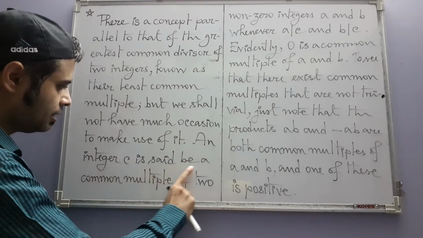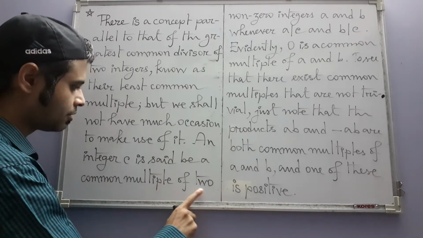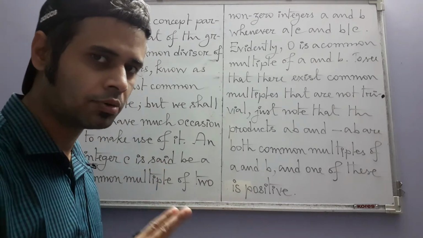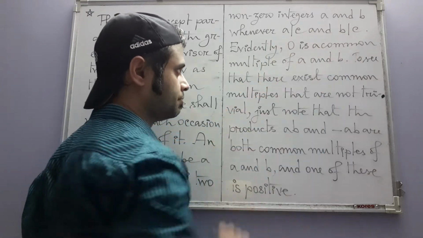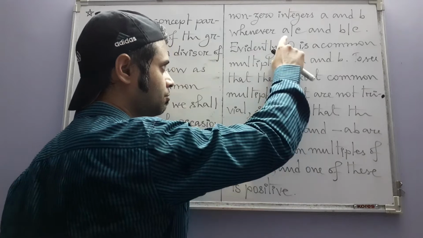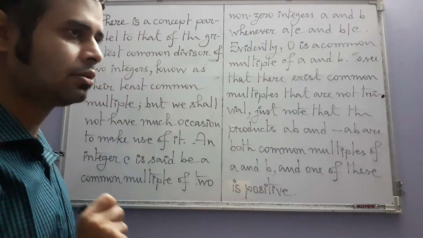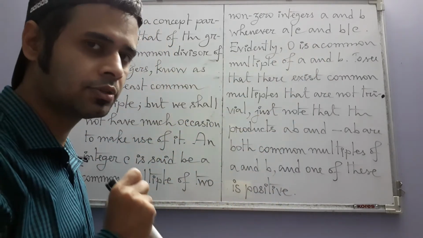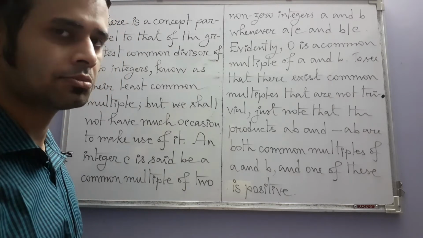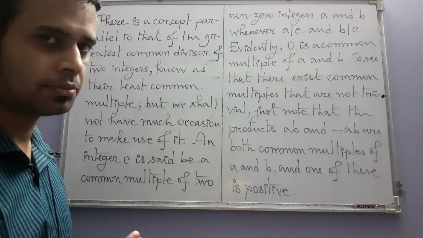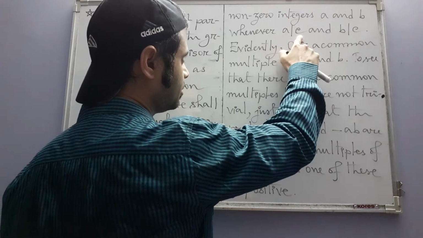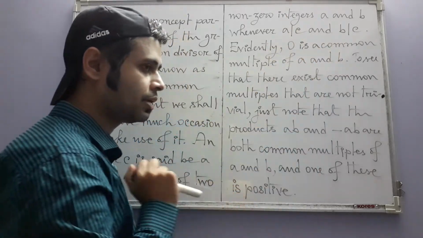An integer C is said to be a common multiple of two non-zero integers A and B if A and B both divide C. Now, because these divisions are involved, we need both A and B to be non-zero, unlike the case of greatest common divisor, where at least one of them needs to be non-zero. Now we need both of them to be non-zero. So if this happens, then we call C a common multiple of A and B.